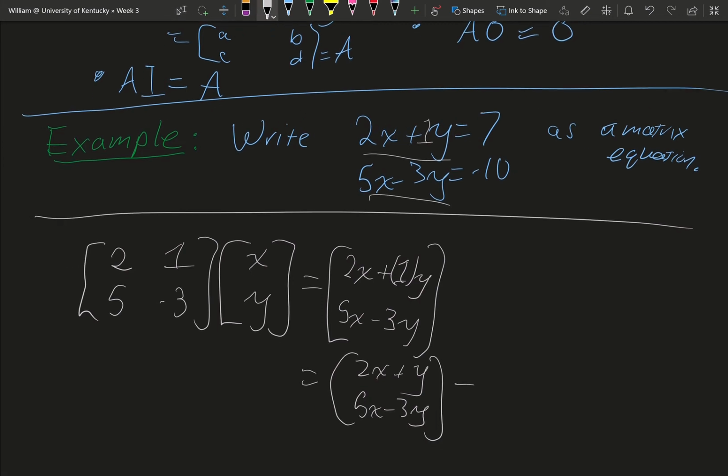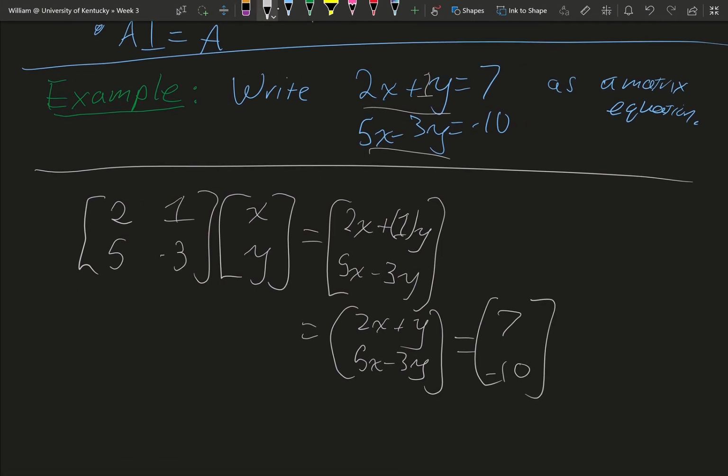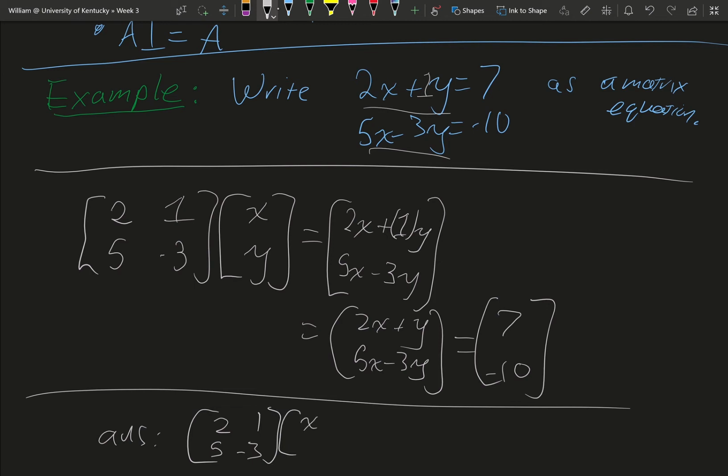So this system of equations, we want this to be equal to 7, because that's what we want this entry to be equal to, and negative 10. So yeah, we can just confirm it. Our answer here would be [2, 1; 5, -3] times [x, y] equals [7, -10].